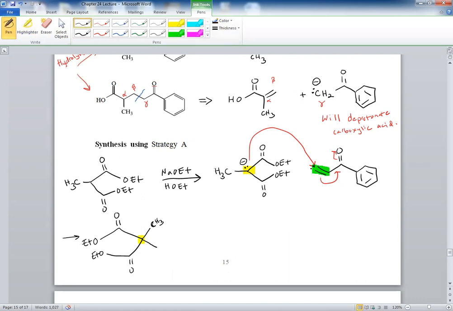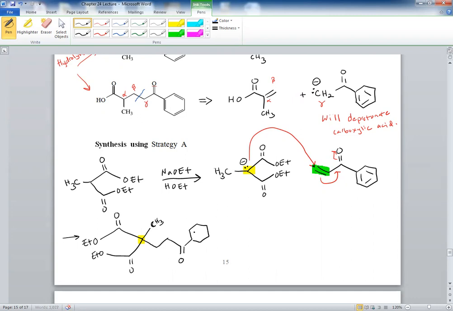And now you have to count how many carbons you have here. You have 1, 2, 3. And then, of course, the phenyl ring. So you will have one, here's 2, 3, and then the phenyl ring.